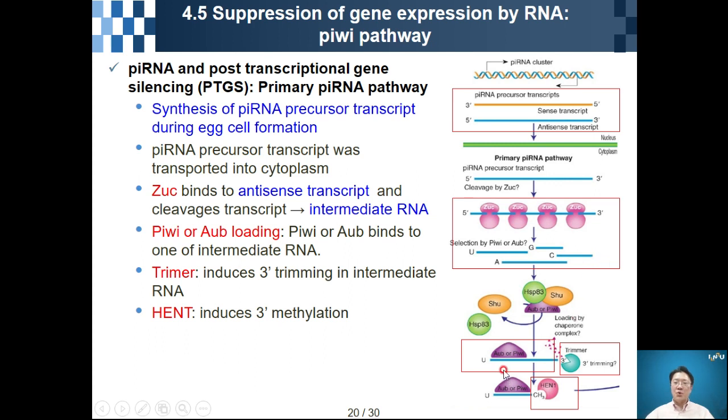After that, PIWI or AUB binds to the intermediate RNA. Then Trimmer did 3' trimming, and Hen1 did 3' methylation. After finishing this procedure, the RNA will be very stable. They will not be easily degraded.